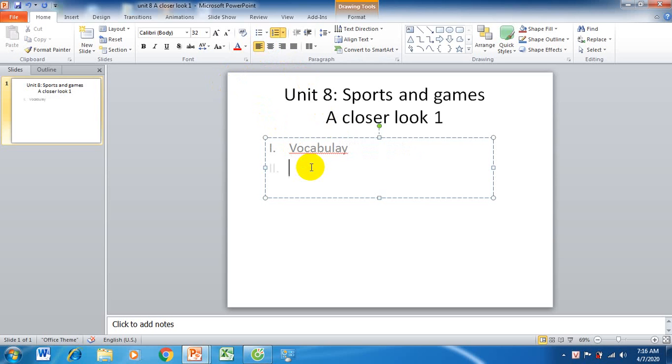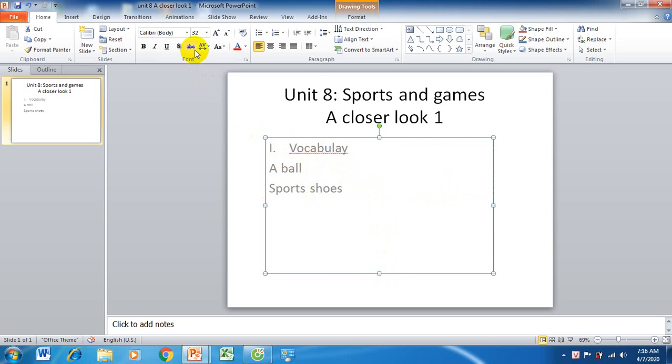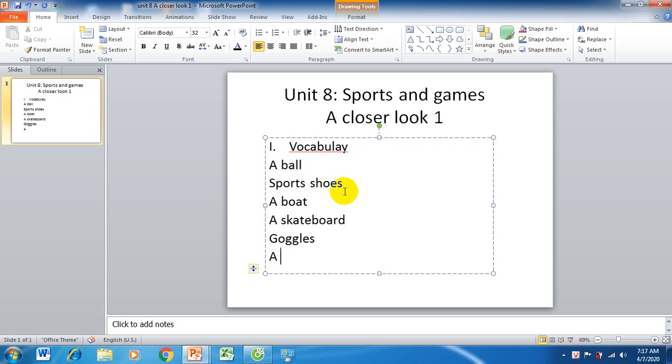A ball, sports shoes, a boat, a skateboard, goggles, a racket, skates.